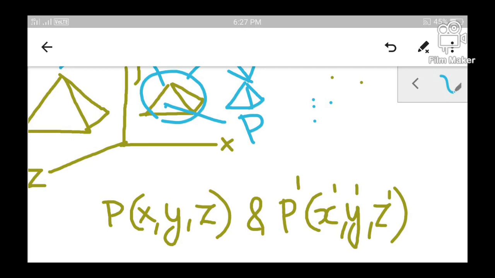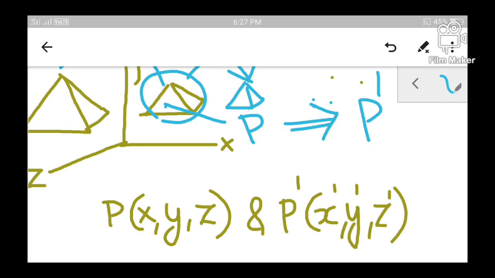In either of these two cases, this point transforms, and now after scaling the point P will be labeled as P dash. I repeat, P is a point which belongs to the object before scaling, and P dash is the same point after scaling in that object.